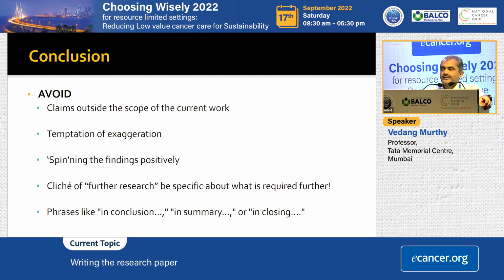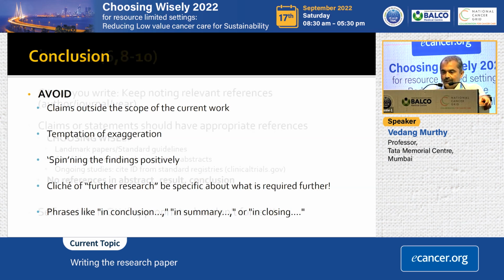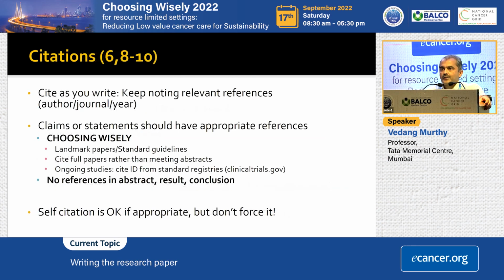Citations are little brackets, numbers in the text. It's best that as you're writing the paper, you note down the author, year, and journal so that you can work on it later. And you have to choose your citations wisely, as is the theme of this meeting.